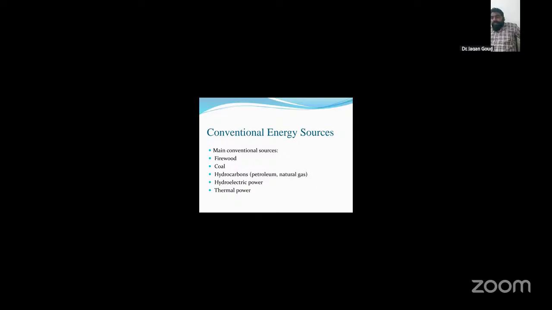Some merits: high energy efficiency, essential for transportation and industry, and cleaner than coal, like natural gas. Some demerits: these are non-renewable sources, cause air and water pollution, and risk of oil spills and gas leaks.